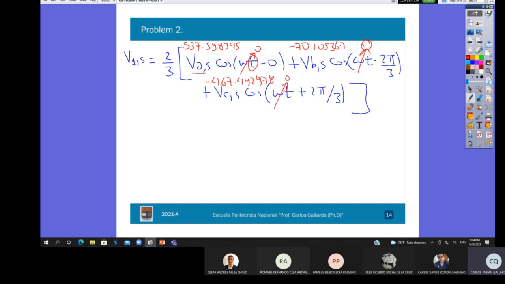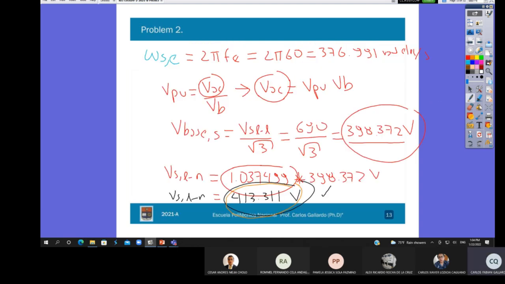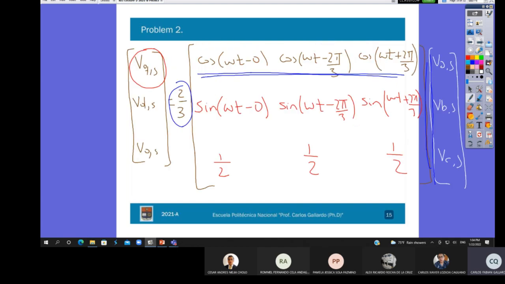Okay, so therefore this voltage is equal to 537.598345 volts. This is my first term. So let's continue with the direct axis voltage.